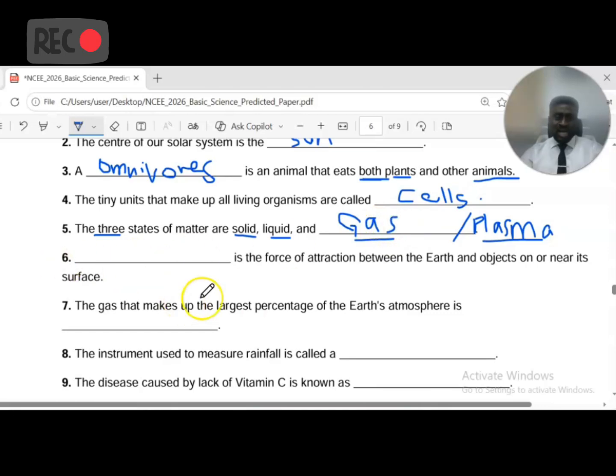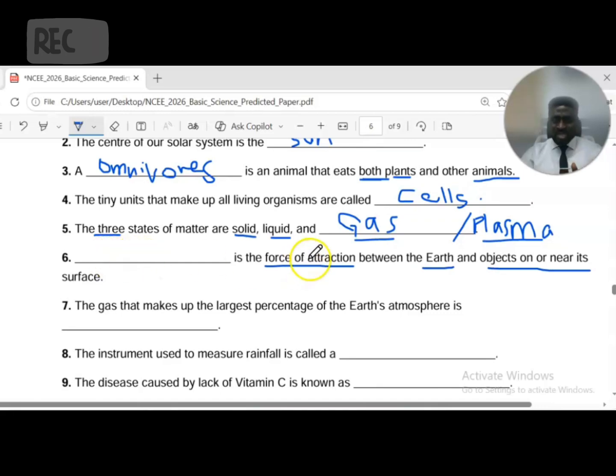Question 6. Dash is the force of attraction between the earth and objects on or near its surface. What is the name of that force? We have different types of forces: frictional forces, gravitational forces, magnetic forces, moment of a force, centripetal forces, centrifugal forces, and many other forces.